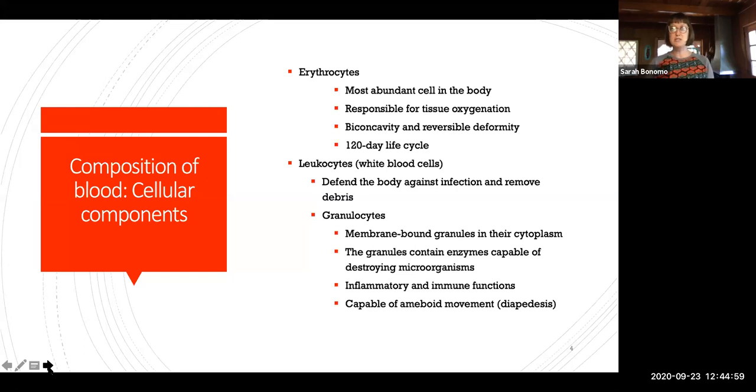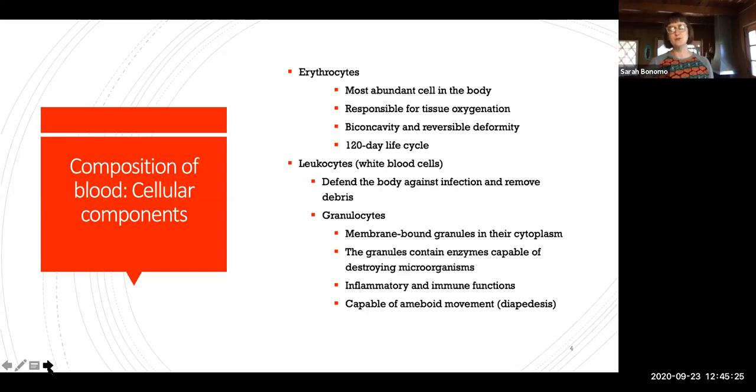So it's the most abundant cell in the body. And it is responsible for us being able to oxygenate our tissues. So remember, the hemoglobin molecule attaches to the erythrocyte, and that allows us to transport oxygen where it needs to go and then collect carbon dioxide or waste products and take it out of the body.